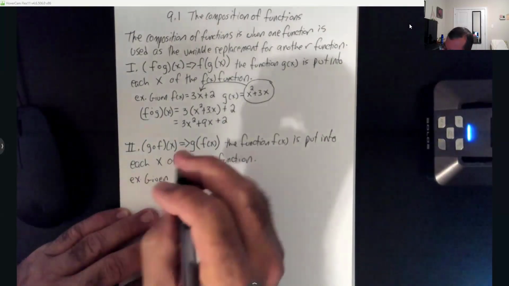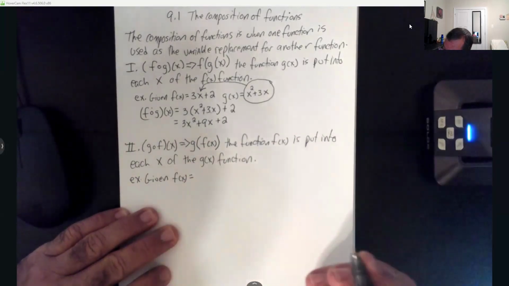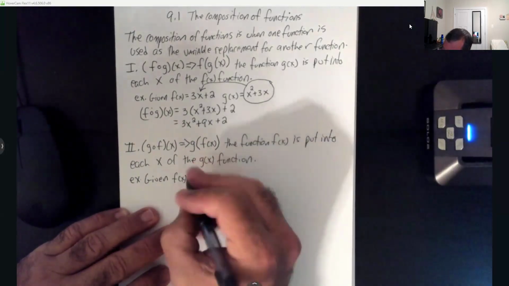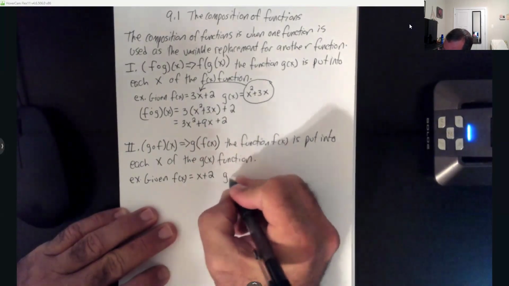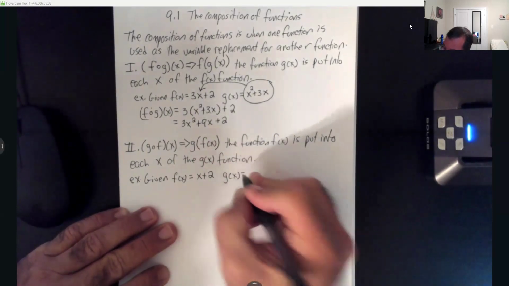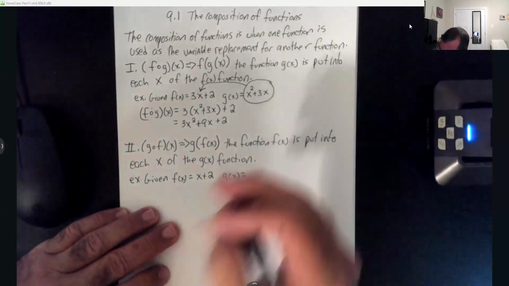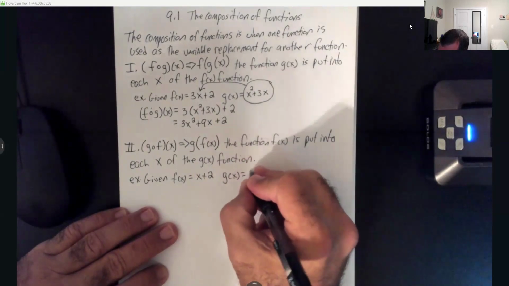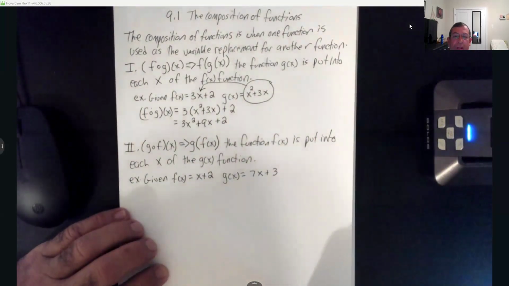So let's say I'm given my f of x is, oh, how about x plus 2, and g of x. Oh, y'all, what I want here. How about 7x plus 3?